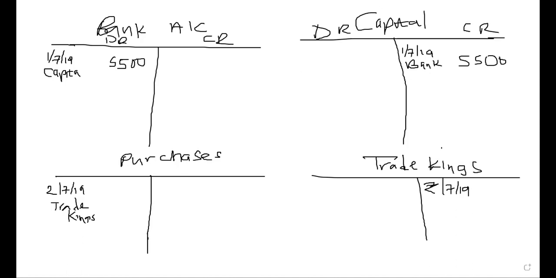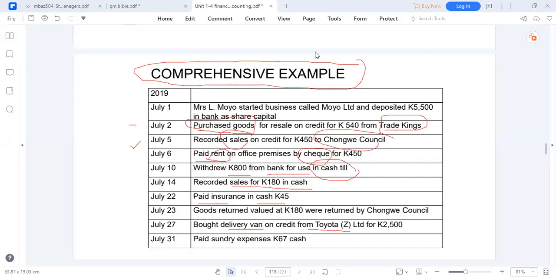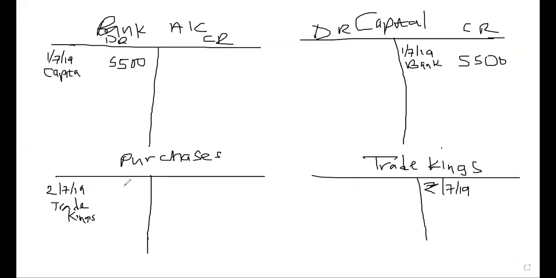How much we bought? We bought these goods for 540. So 540 here. We are done with transaction number 1. The second one was on purchases. Let's move on to the other one.